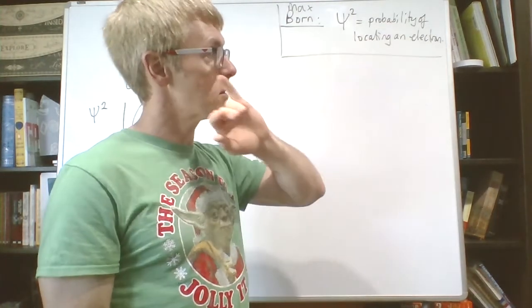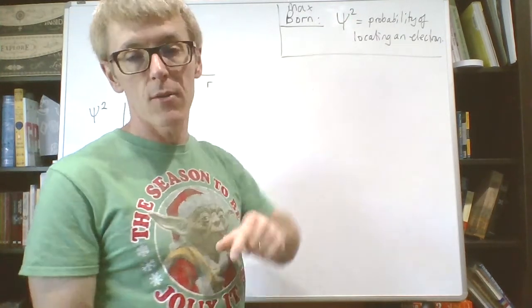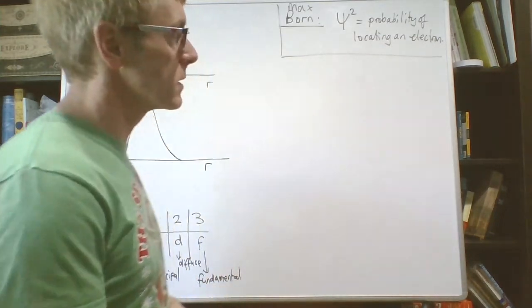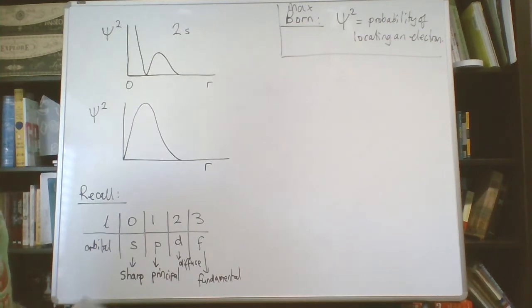Our particle here is just the electron. So whenever we see psi squared, and we assume psi refers to the electron wave function, we assume it's the probability of locating an electron. Therefore, it makes sense to plot psi squared rather than psi.